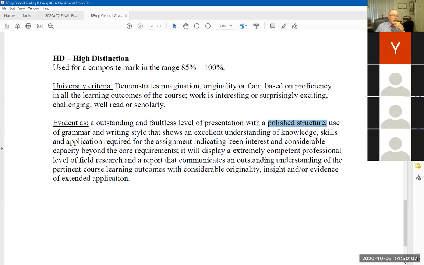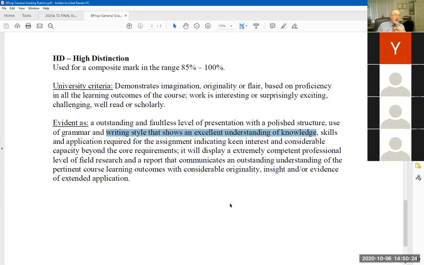Maybe they've gone to the trouble of installing Endnote and developing an Endnote library, things like that. And a style which shows an excellent understanding of knowledge. This is what the university just expects for a high D.